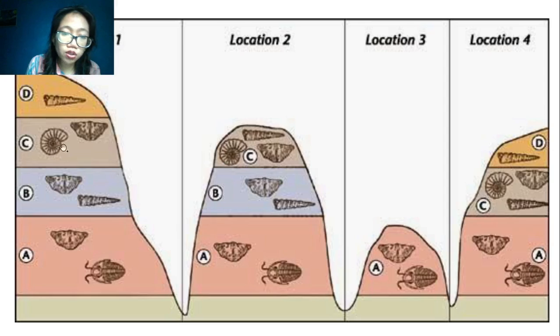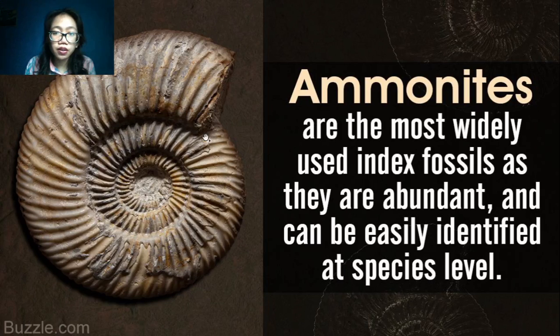This, however, is a good index fossil because this ammonite is only present during time period C. So for example, if you have another location 5 and you find that ammonite, you can say that this rock layer was formed at the same time as these rock layers. Ammonites are widely used as index fossils because they have been an abundant species and they can be easily identified.